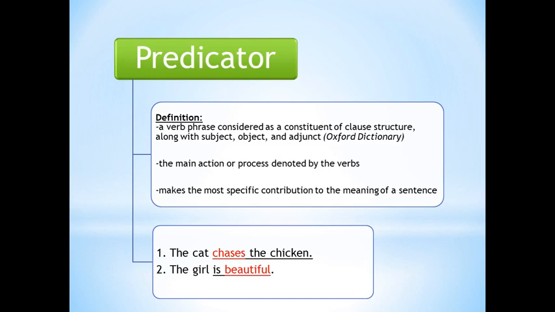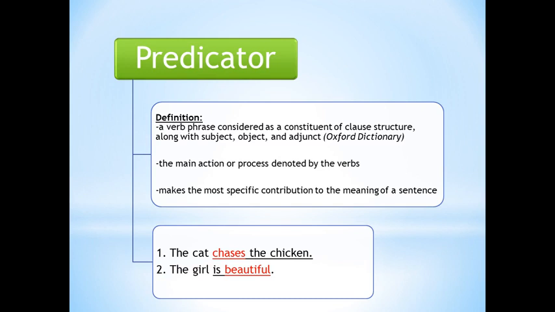Kemudian, predicator juga bisa diartikan sebagai tindakan utama atau proses utama yang ditunjukkan atau yang ditandai oleh kata kerja. And predicator also can be defined as making the most specific contribution to the meaning of a sentence, memberikan kontribusi yang paling spesifik pada pemaknaan dari kalimat.